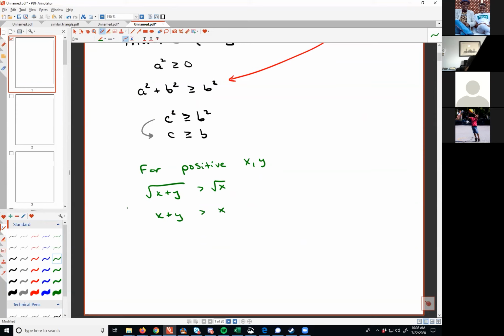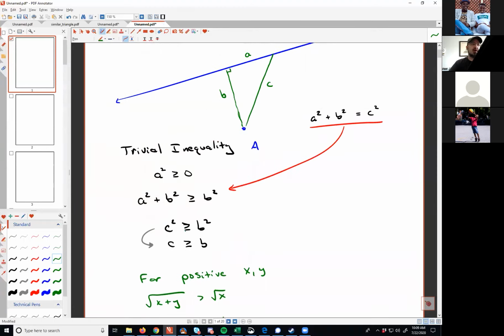And these two things go hand in hand right here. The square root function, if we were to graph the square root of x, it would look like that. It's always going up at least a little bit as it goes to the right. It's half of a parabola. And while we could prove this more rigorously, it's something that we're going to take for granted for the moment. But yes, the square root function is monotonically increasing.